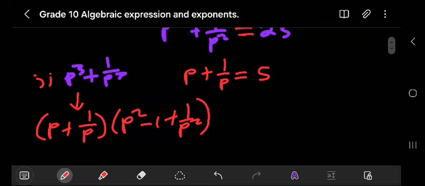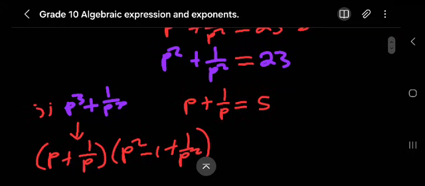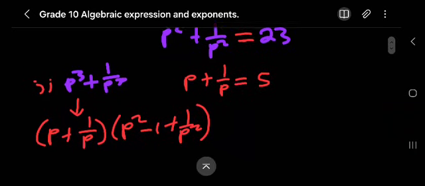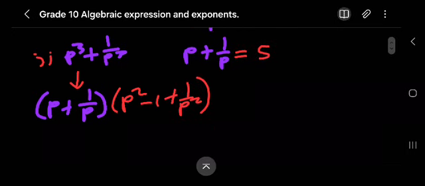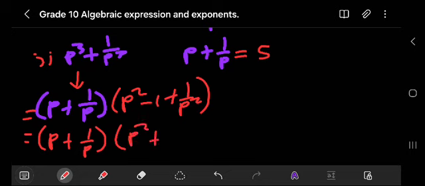So be careful here, guys. You see, we have p plus 1 over p, which is simply 5. Now be careful again. I want you to write this as p squared plus 1 over p squared minus 1.